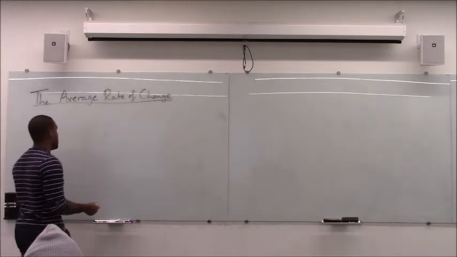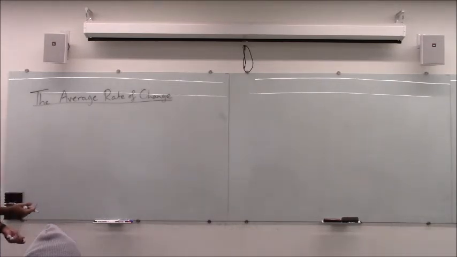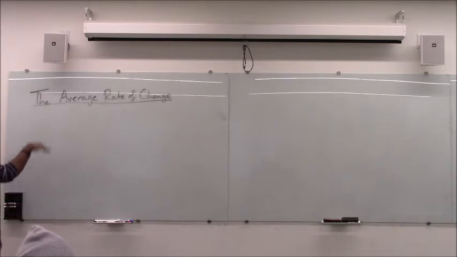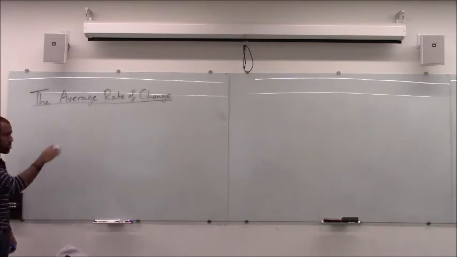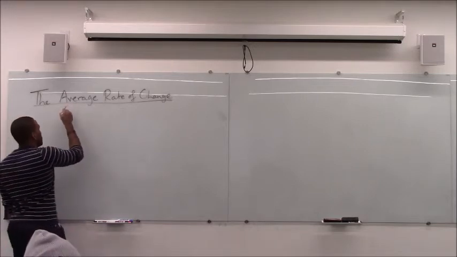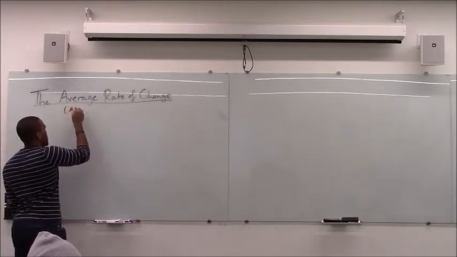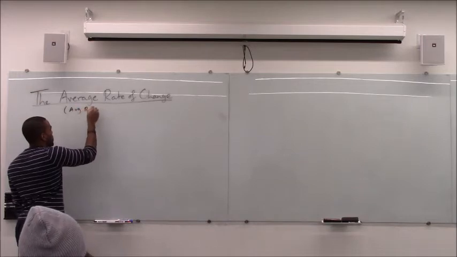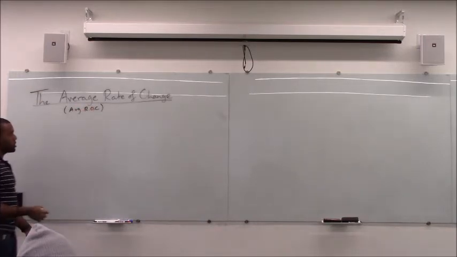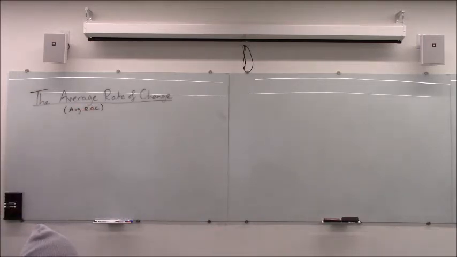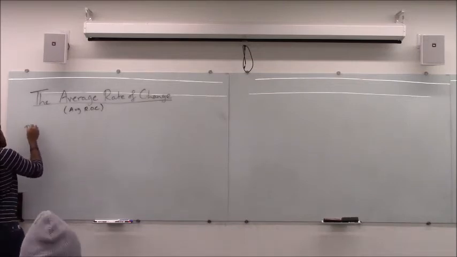I probably would have spoken about it later, but if I give you homework now, it'll probably show up because your textbook does it in late chapter 1, early chapter 2. I'll abbreviate this a lot of times, average rate of change, or ROC, short for rate of change. Okay, so before we move on, let's just talk about what this is.